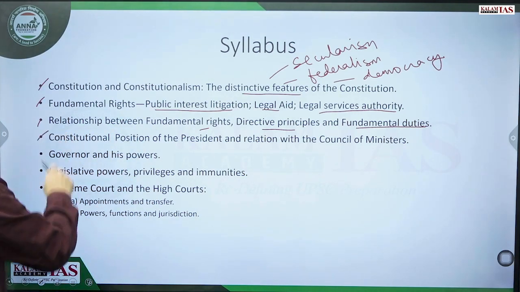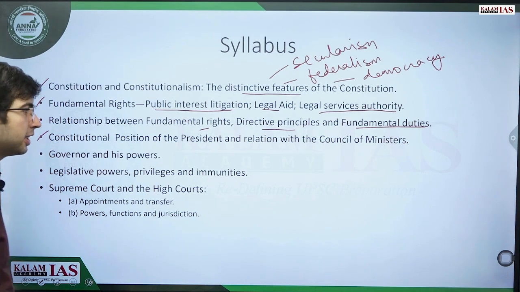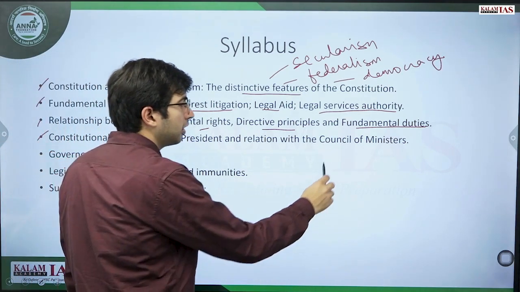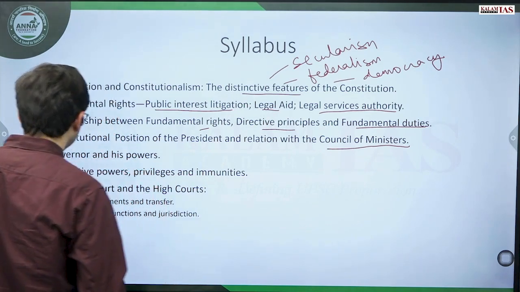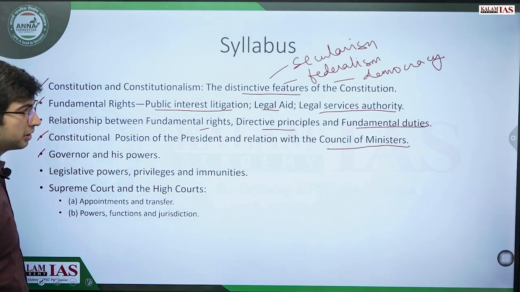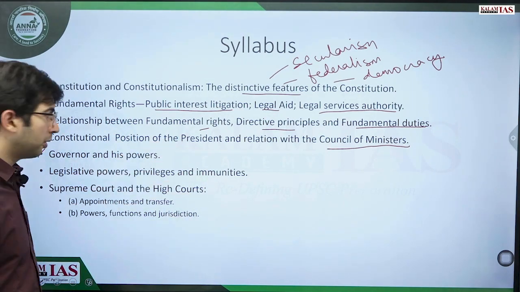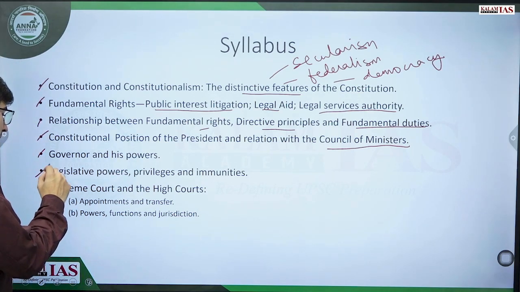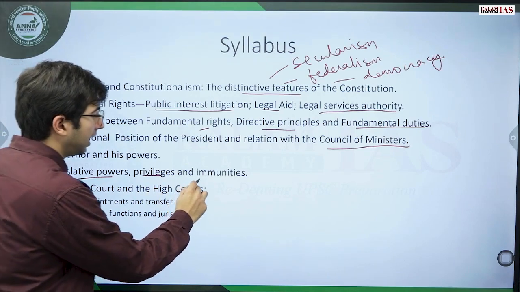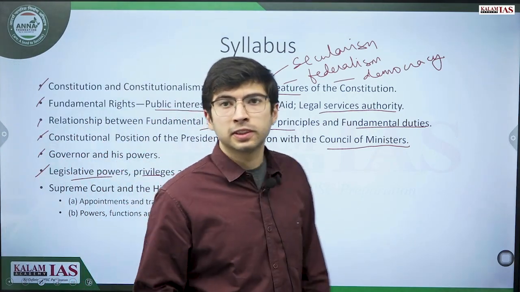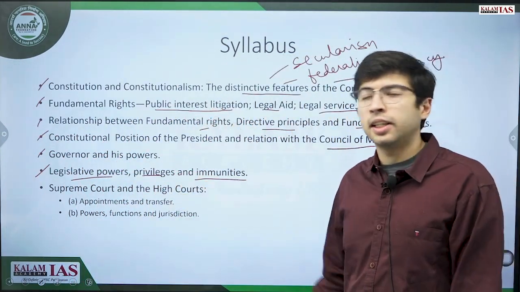The next is the constitutional position of the President and relation with the Council of Ministers. Then we come to the Governor and his powers, so both the nominal heads of state. Then the legislative powers, privileges and immunities. So this is considering the legislative wing.